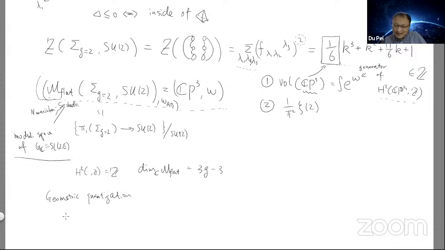The basic idea is that we start from the classical phase space with symplectic form omega, or in the case of level k, k times the symplectic two-form.